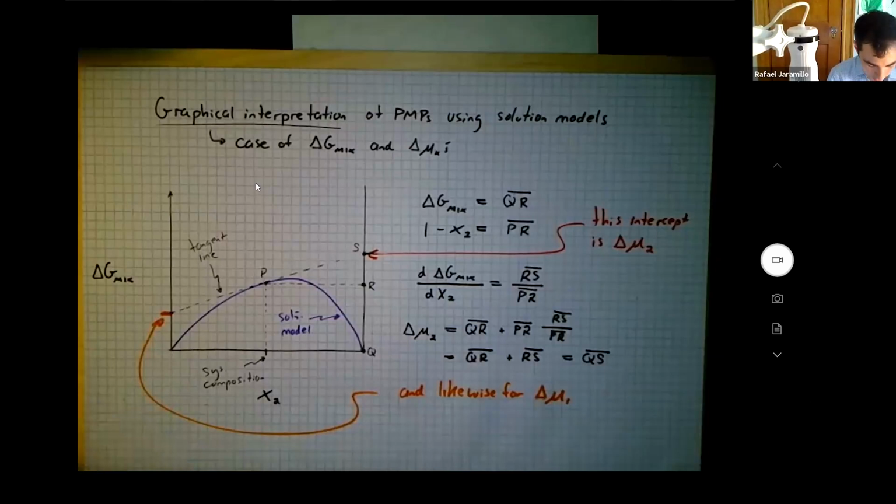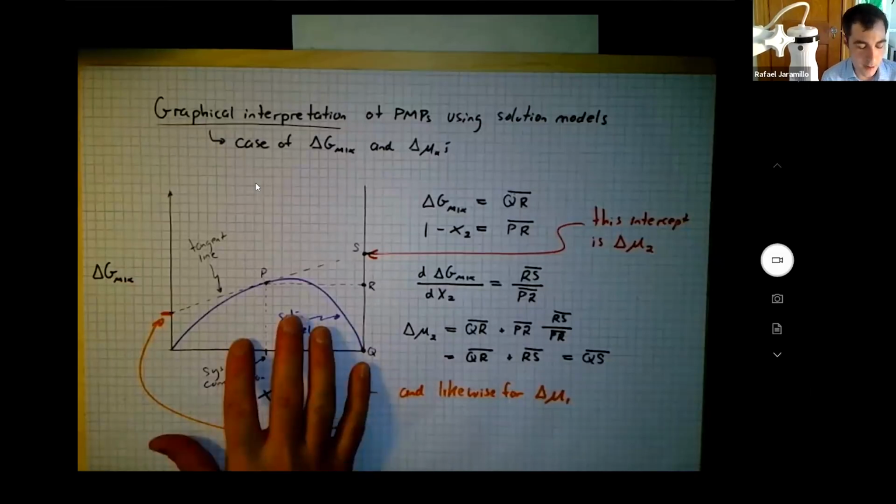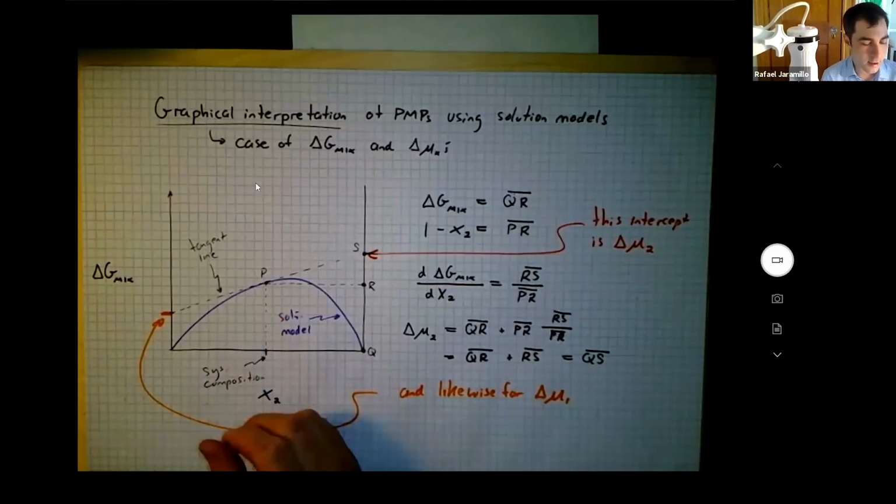Either this is kind of mysterious and wasn't worth the effort, in which case I would ask you just to hold on. Or it now starts to make sense if you've seen the common tangent construction before, in which case, I'll say, all right, well, we'll get there. So this was a bunch of math around solution modeling.